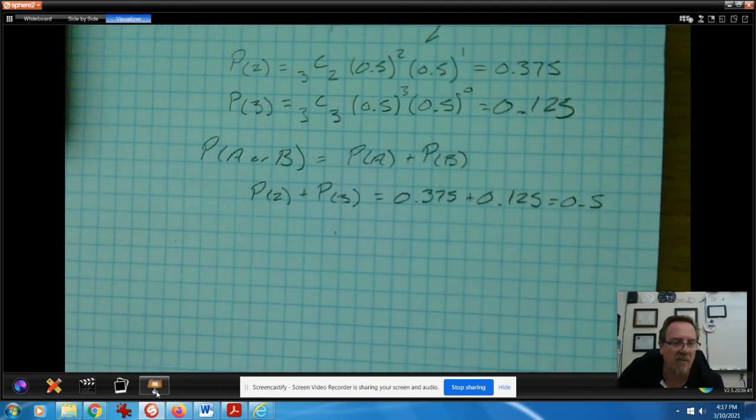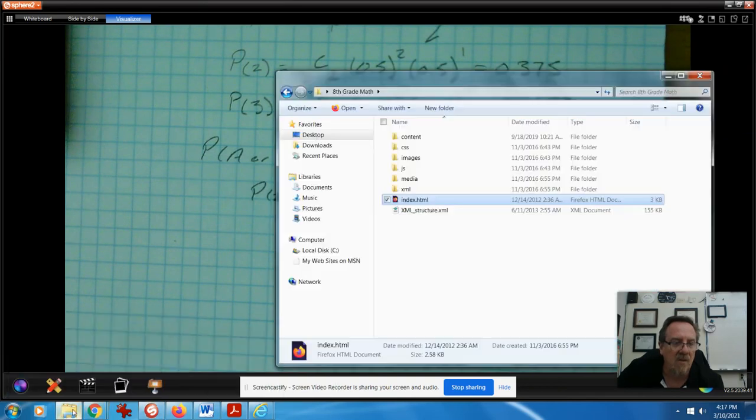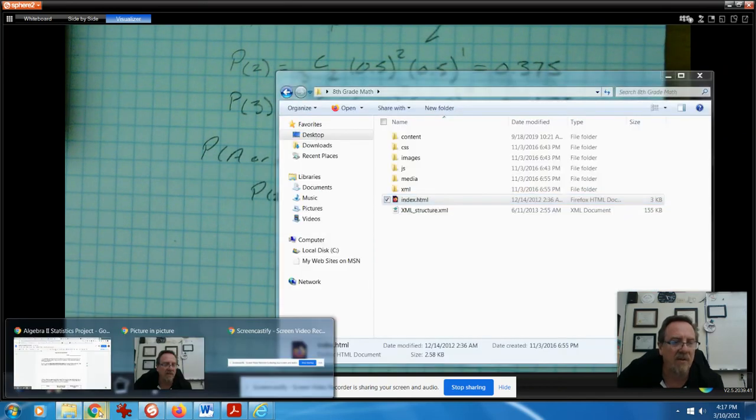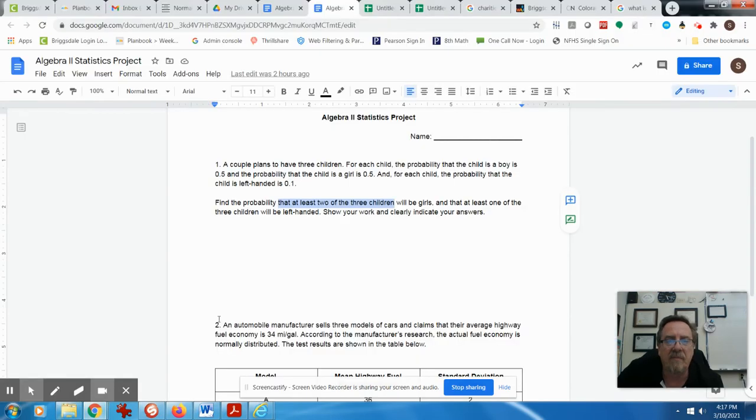Let's go back to our problem now. Where's it at? Oops, wrong one. Because the other part was that at least one of the 3 children will be left-handed. Okay, so we've got to figure out left-handedness here.